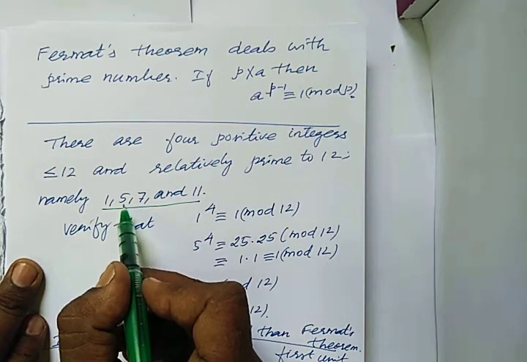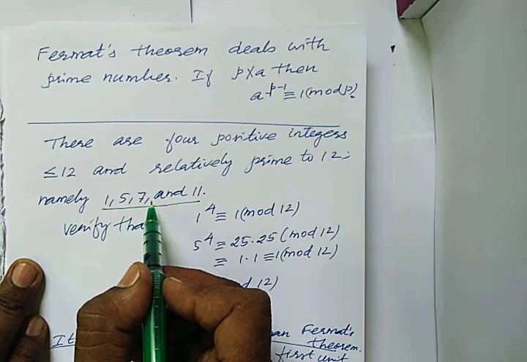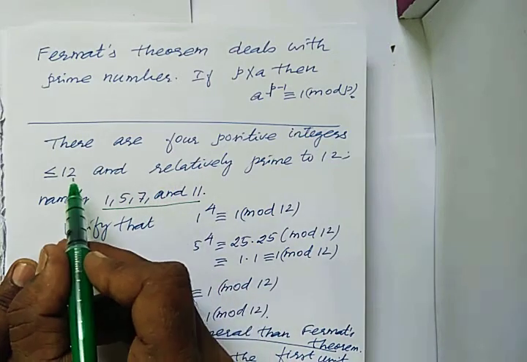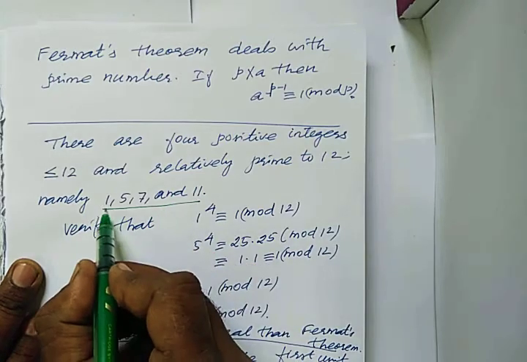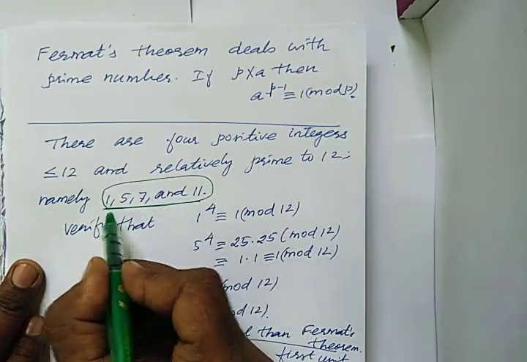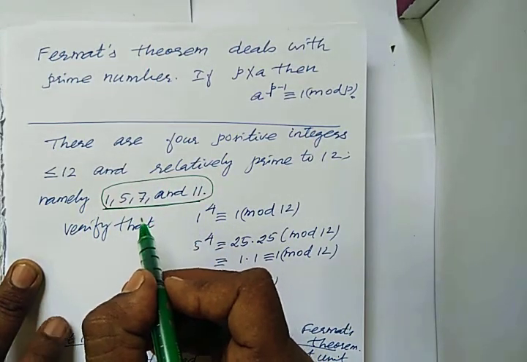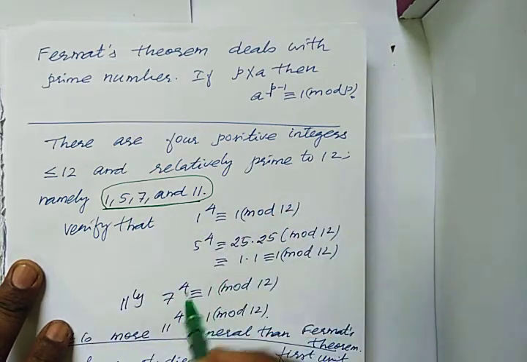Similarly, 6 is not, 7 is, 8 is not, and 9 and 12 are not relatively prime. So these are the only numbers which are less than or equal to 12 and are relatively prime to 12.